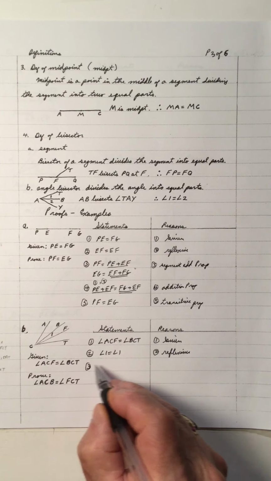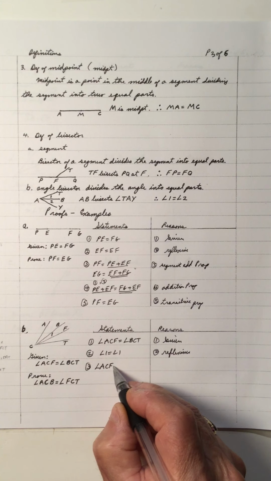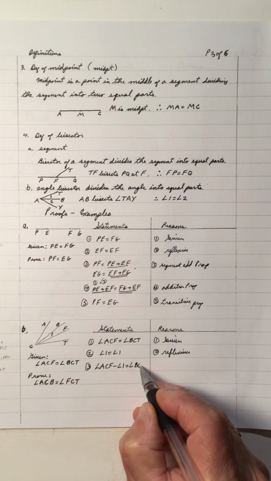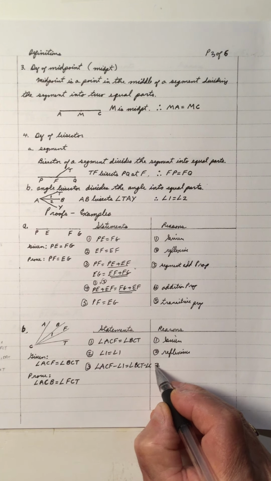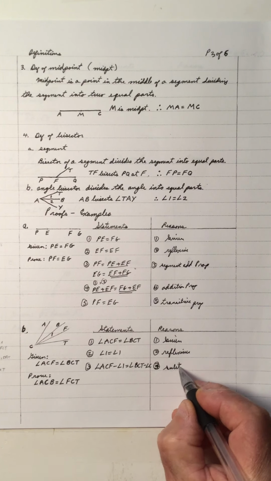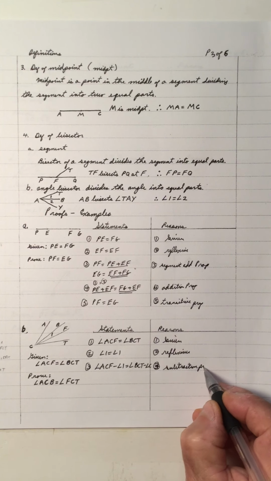And so if I take angle ACF and subtract angle 1, and take angle BCT and subtract angle 1, that's number 3. That's the subtraction property of equality.